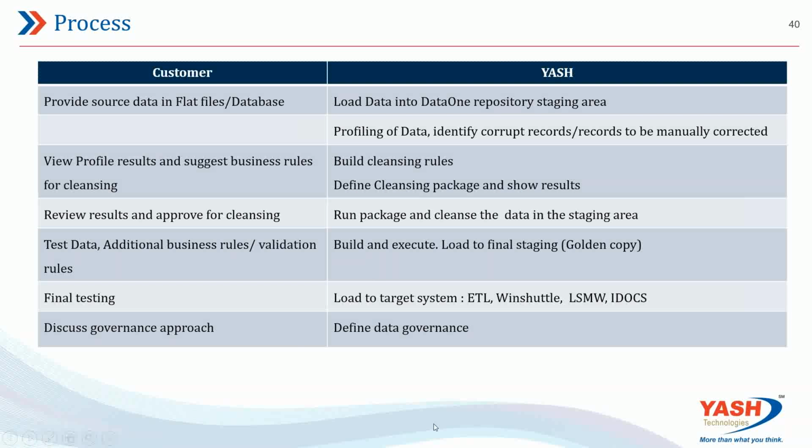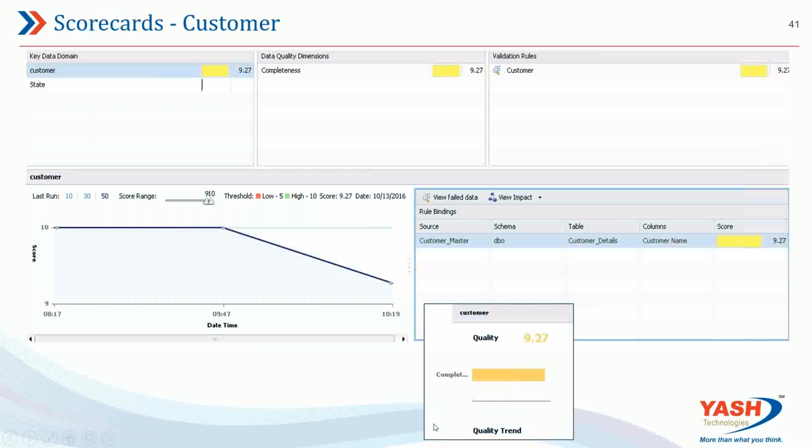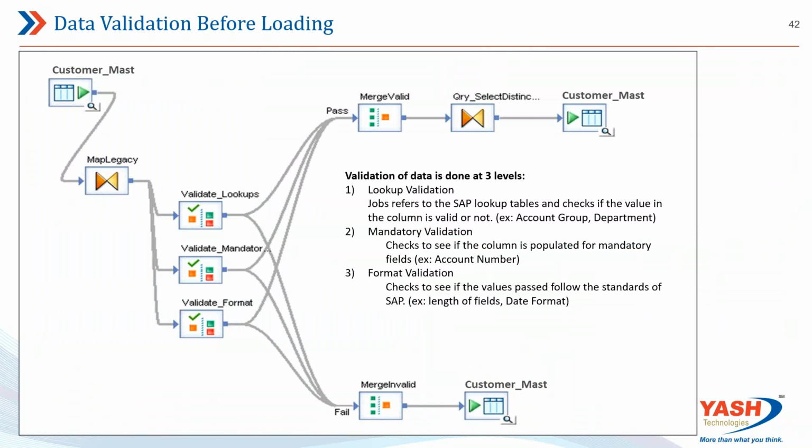And finally, let's talk about establishing the data governance option. Through the process, there is also a scorecard that is defined, which gives scores record by record. We set a standard, like I said, 95% as the standard for the scores, and that helps keep monitoring at every stage of the process how the quality of the data has improved.